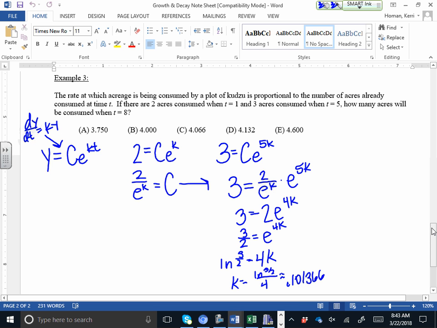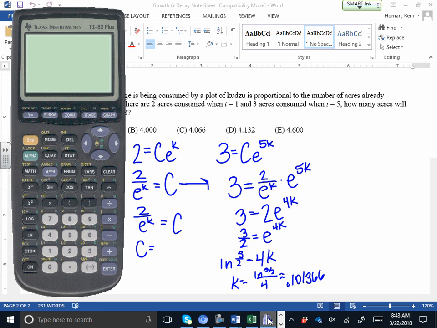Now what we can do is we can come over here and we can plug it in to find our C value. Okay, my suggestion, we know that C is 2 over e to the k. So my suggestion to you, because in your calculator you already have the natural log of 3/2 divided by 4.